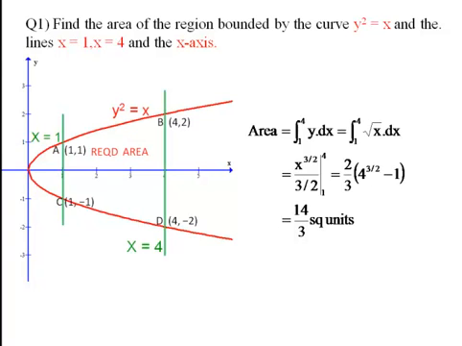If we had to find the area of ABDCA, we would have taken the same area and multiplied by 2 without any extra effort. But in this case, since the x-axis was specifically stated, we take the curve above the x-axis only, and hence the answer for this particular question is 14 by 3 square units.